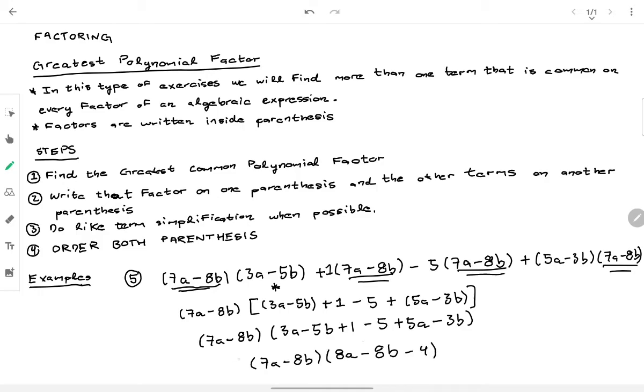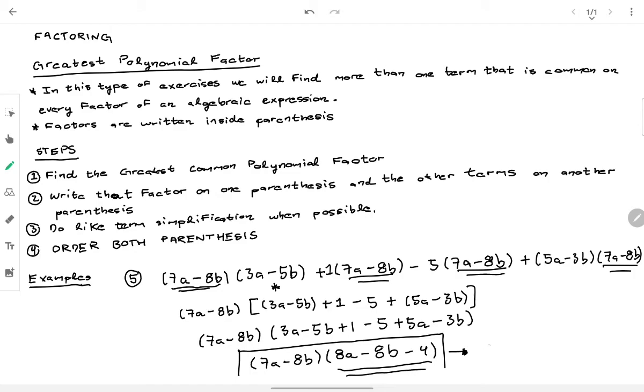So I can put it like this: 7a minus 8b multiplied by 8a minus 8b minus 4. If you wanted to put it like a more completely factorized, on the second parenthesis, all of them are divisible by 4.